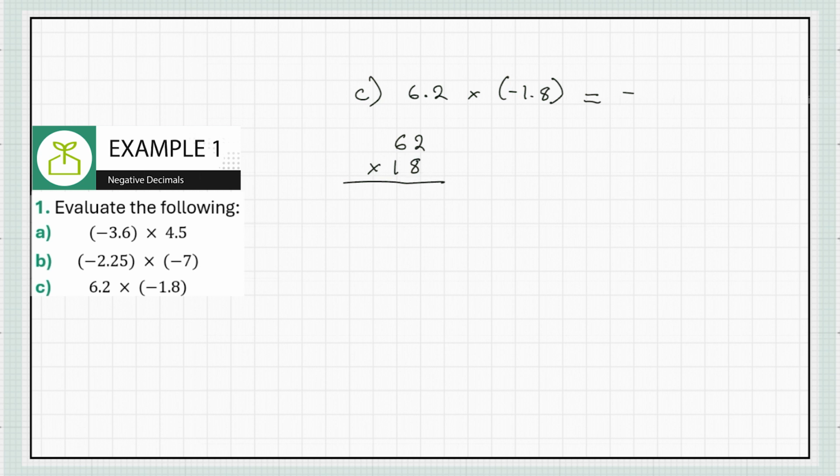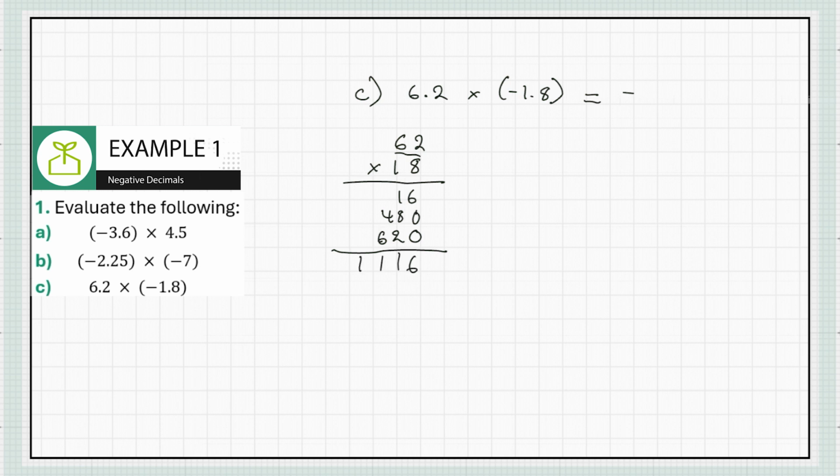Alright, so 8 times 2 is going to be 16. Put down the 0. 8 times 6 is going to be 48. And then we can do 10 times, we don't have to do this separately, we can just do 10 times 62, which will be 620.